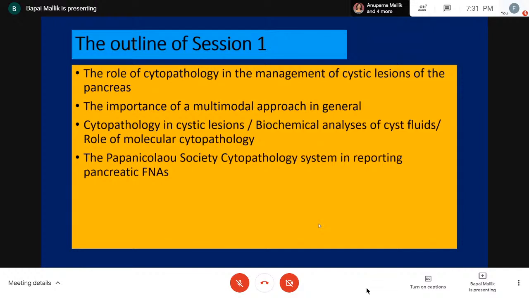So, the outline of this session is going to be as follows. First of all, I'll talk about the role of cytopathology in the management of cystic lesions of the pancreas. Next, the importance of a multimodal approach in general. And then the multimodal approach with respect to cystic lesions, including cytopathology, biochemical analysis of cyst fluids, the role of molecular cytopathology.